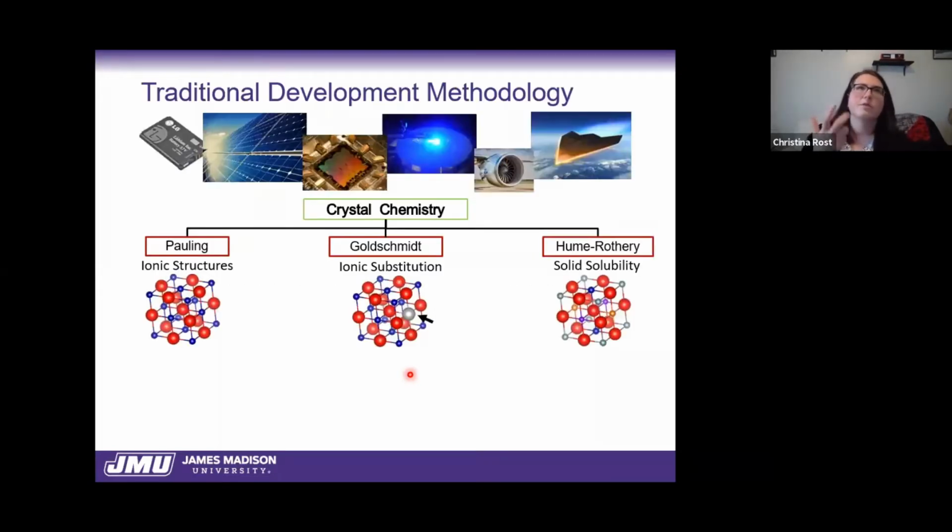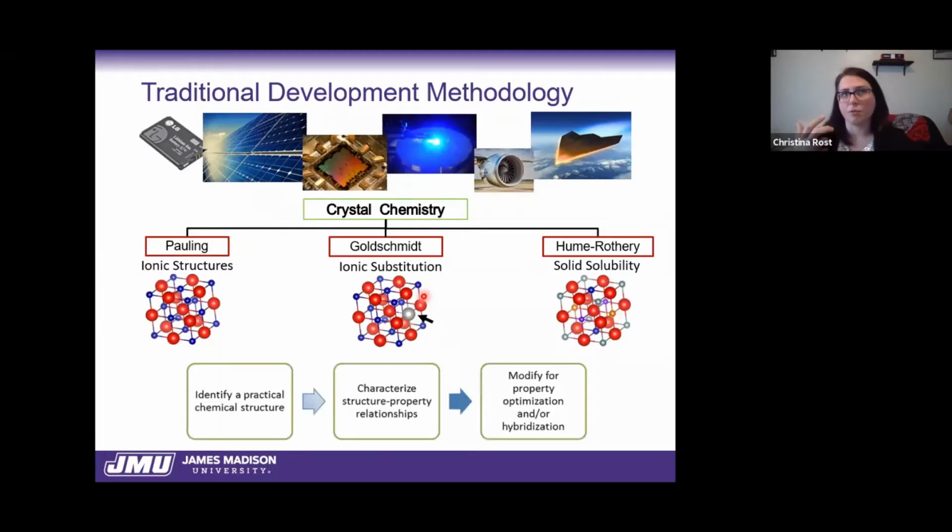So in terms of traditional development methodology for materials, everything we work with in the modern world was actually predicted about 100 years ago in terms of its chemical and structural stability. And the way we operate is through the realm of traditional crystal chemistry, where the work of Pauling in his ionic structures, Goldschmidt in ionic substitution, and Hume Rothery in his solid solubility rules have dictated how we create our systems.